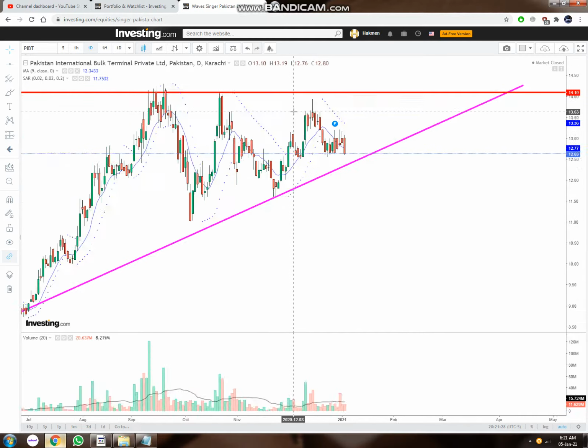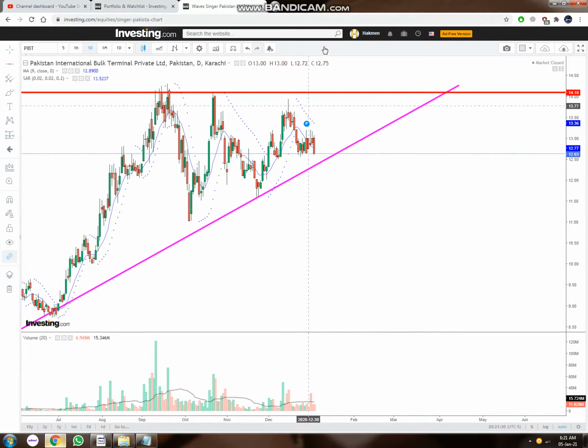If you want to wait further, knowing that it will break this trend line and move upward, that's great. Hold the stock and sell it as it breaks this trend line and moves upward at an even much higher price. If you can wait that long, that's great.